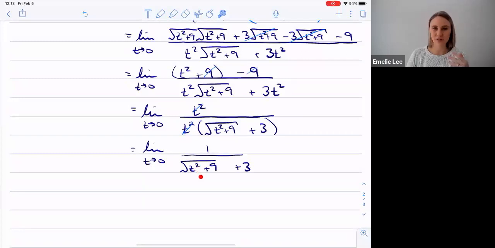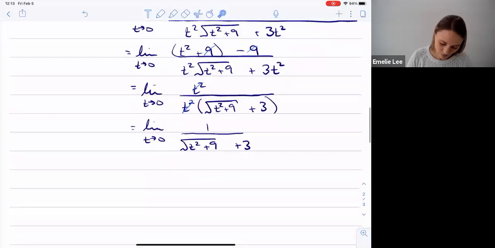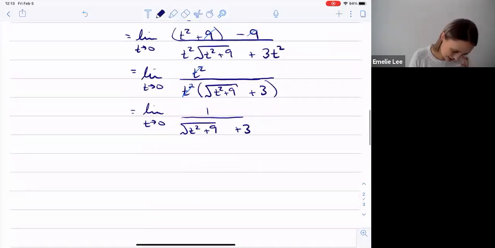So now that I've morphed this thing, I can substitute t equals 0 in here, and I can still do legal math at every step. I have 0 squared plus 9, which is just 9. And then when I take the square root, I get 3. And then I have 3 plus 3 in the denominator. Now when I'm substituting in t equals 0 here, I'm allowed to drop the limit notation because that's when I'm taking the limit.